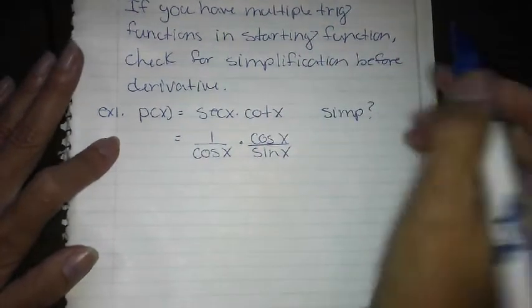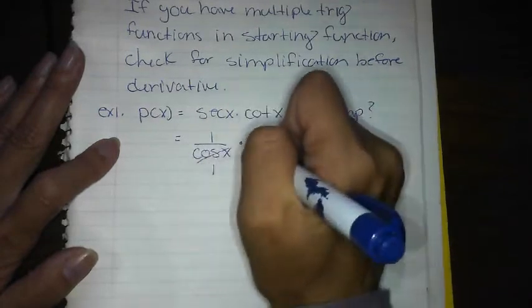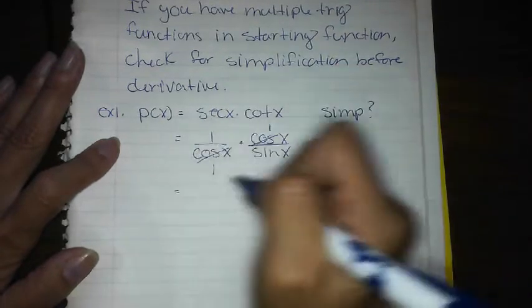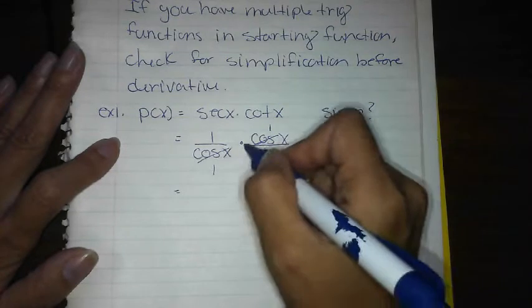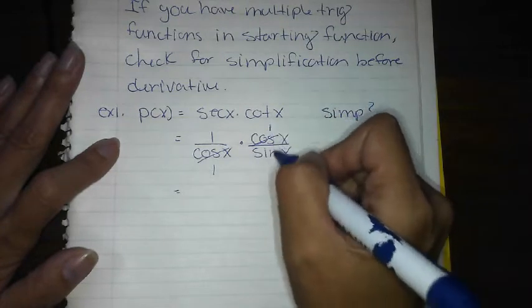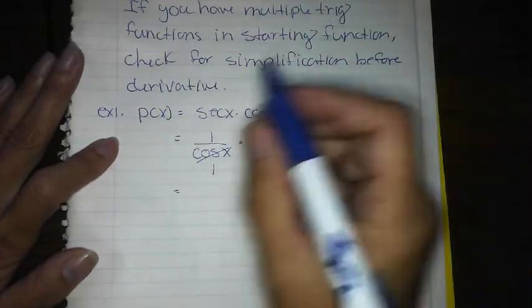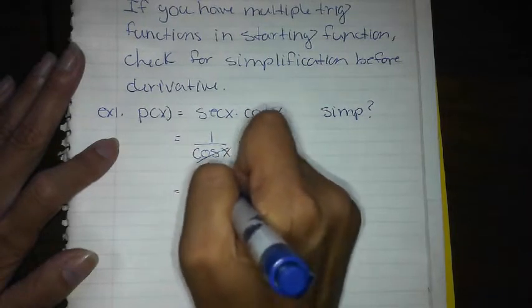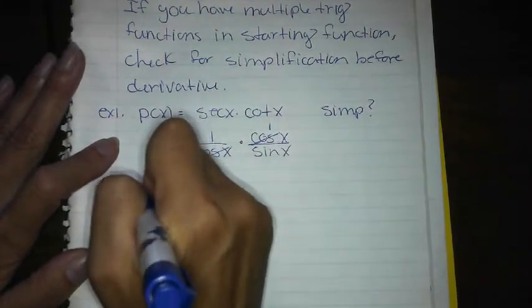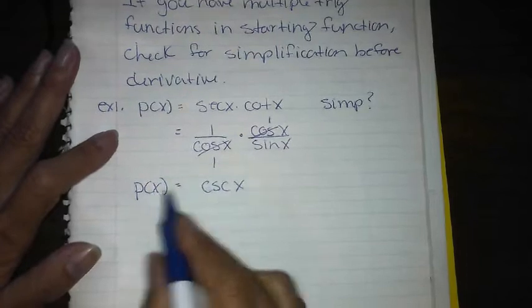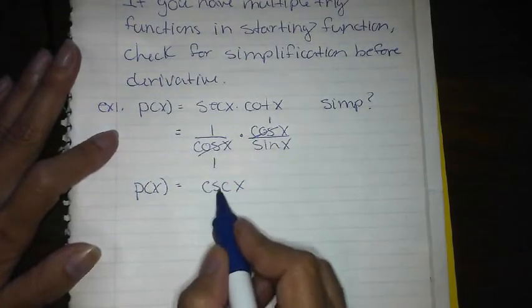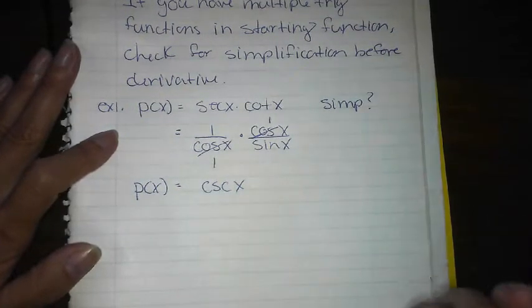So now I do see that I can cancel out my cosines. The only thing I have left, that's 1, times 1 over sine. 1 over sine goes back to cosecant. So my original function can be simplified down to just cosecant. Now I can do derivative.